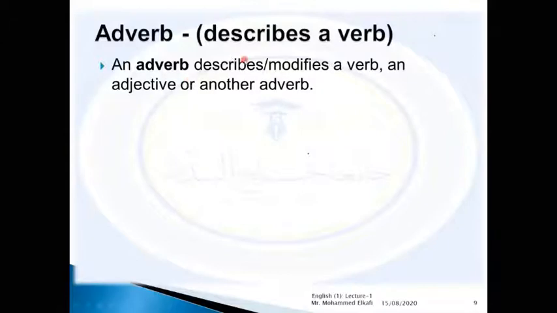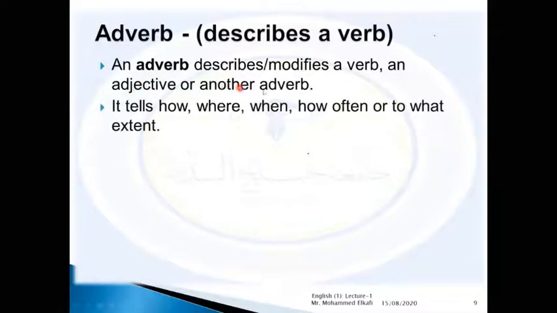So here we have an important point. You can say the adverb describes or modifies a verb, an adjective, or even another adverb.